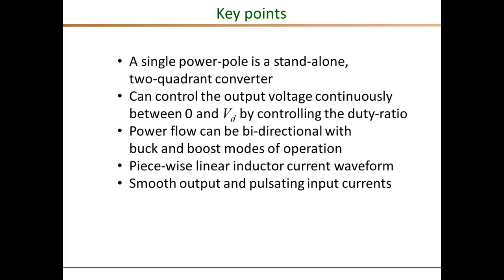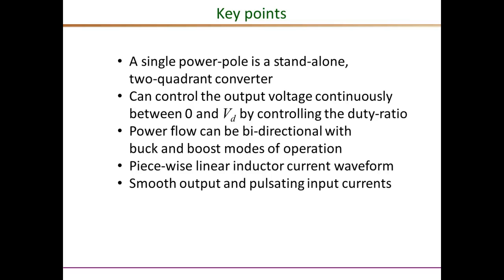We looked at the inductor current waveform; those are piecewise linear, and we got the expressions that govern the inductor current, and we also derived an expression for the peak-to-peak inductor current ripple. So this single pole converter, on the high voltage side, results in pulsating current, but on the low voltage side, it results in a smooth output current.